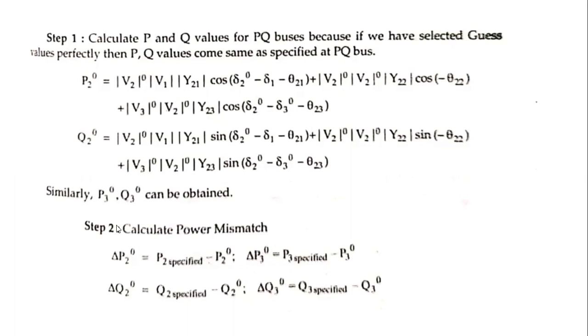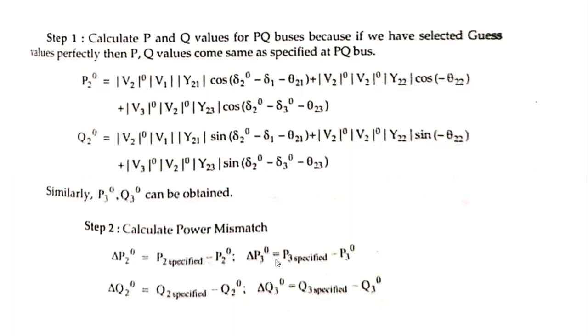Then step 2: calculate the power mismatches. That is delta P2 equals P2 specified minus P2 naught. P2 specified is given in the question, and P2 naught is this value.